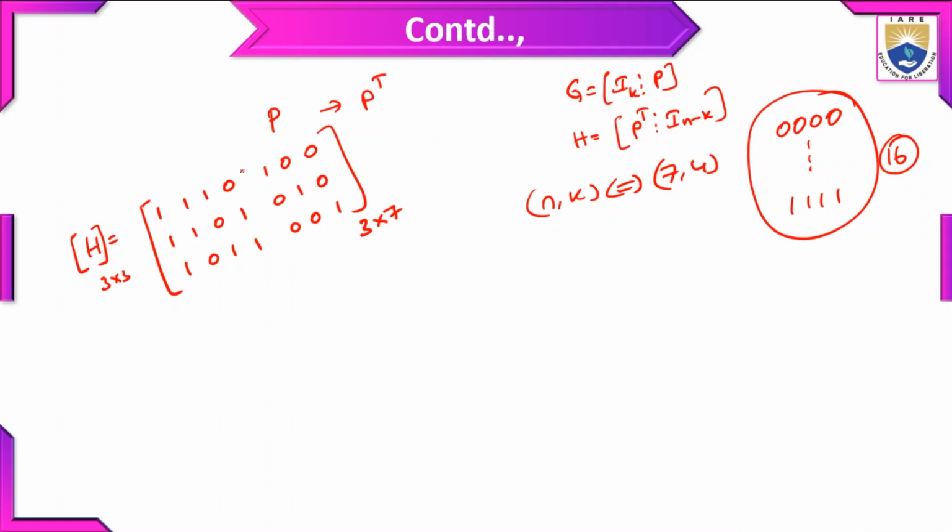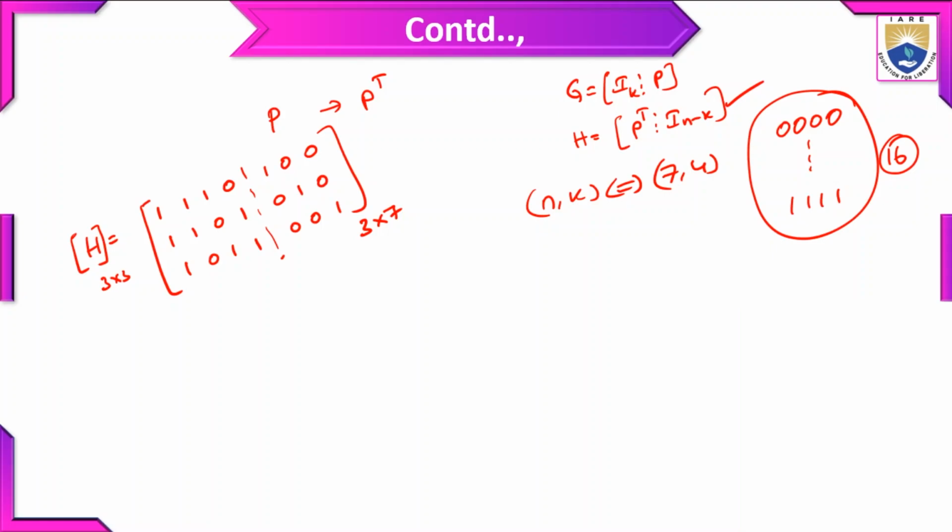Okay. So here you can observe it is in the form of P transpose, I(N-K). Here we write H equal to P transpose augmented with I(N-K). So on the right hand side you can see 1 0 0, 0 1 0, 0 0 1. What is this? Identity matrix. So what is the identity matrix size? N minus K. What is N? 7.